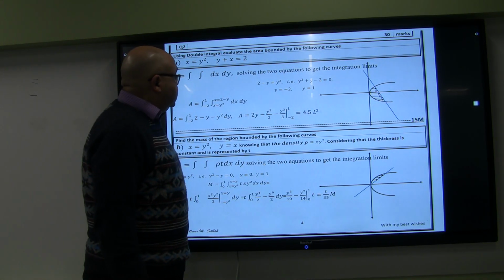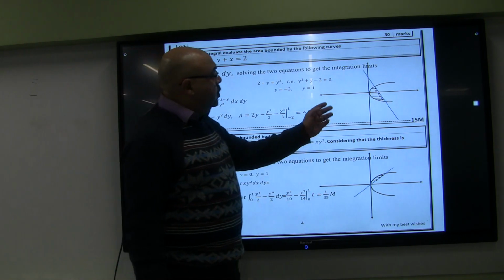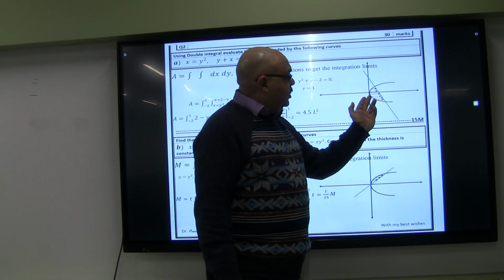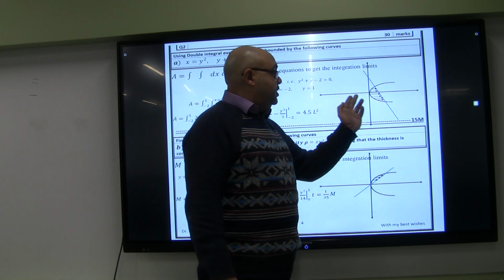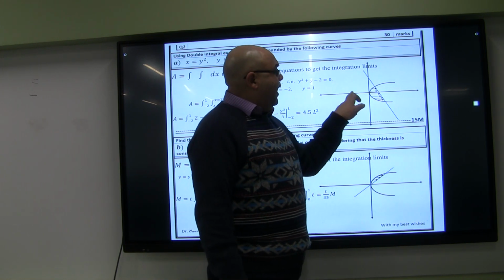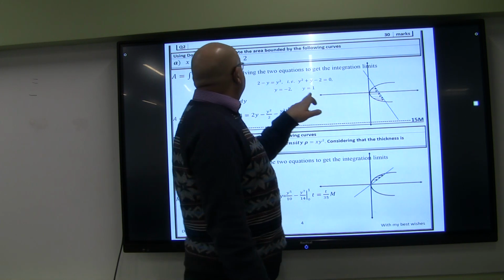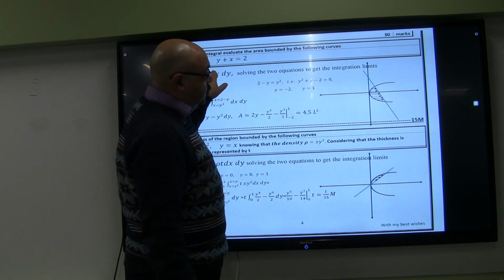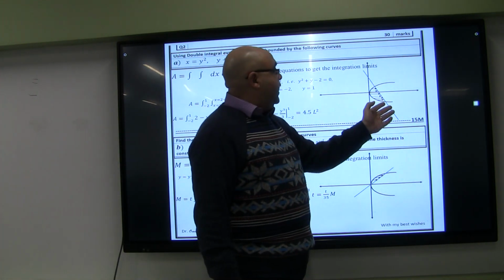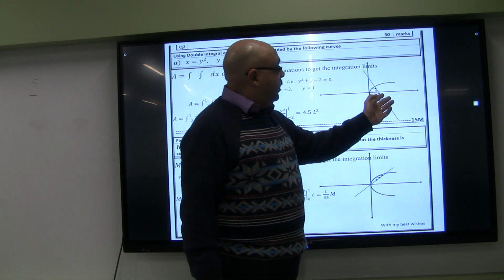I believe it's really very easy to go first for the x direction, so I will integrate using dx dy. The x function for the first curve is really very simple, which is y squared. The x for the second function is 2 minus y.